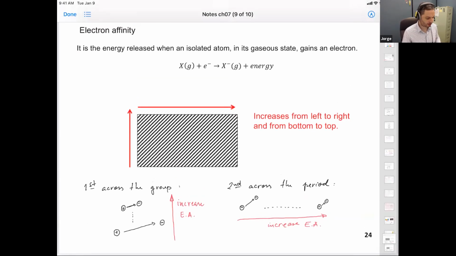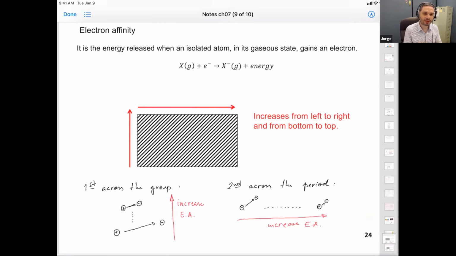All right. So with that being said, that's the end of the periodic trends. And I showed you three properties that change across the periodic table. First one, radius. Second one, ionization energy. And third one, electron affinity.